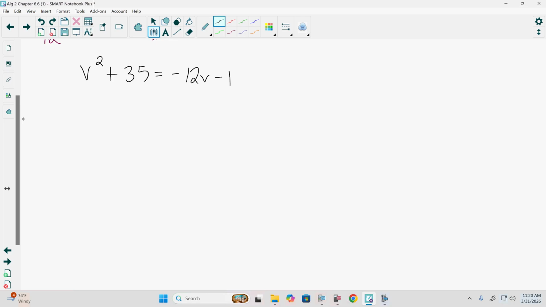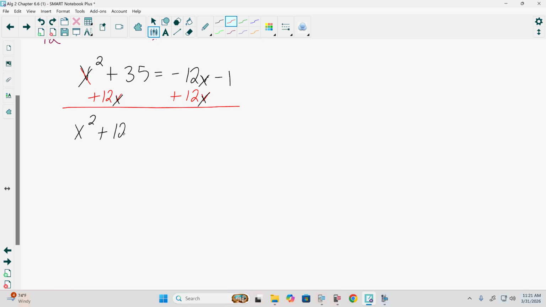Now, since we do have v squared, we have a variable to an exponent bigger than 1. We have to get this equation equal to 0. Now, one of the first things we can do is add 12v to both sides, or 12x. I'm going to switch it to x just so that we keep everything the same.